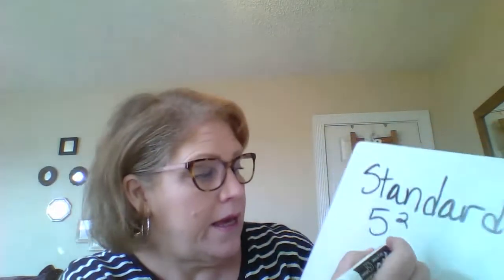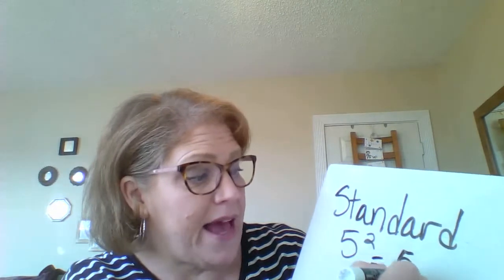Exponents and powers are ways to express multiplication. Now let's get to our new lesson and a new vocabulary word. We've done exponential form and expanded form, and now we want to do standard form. Standard form is basically the answer. 5 to the second power is exponential form.